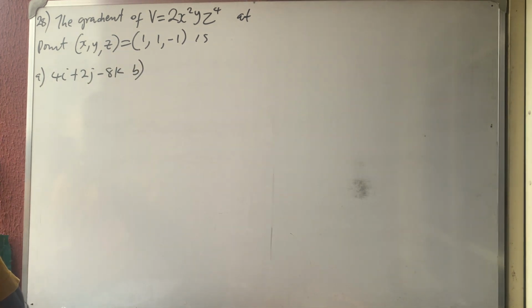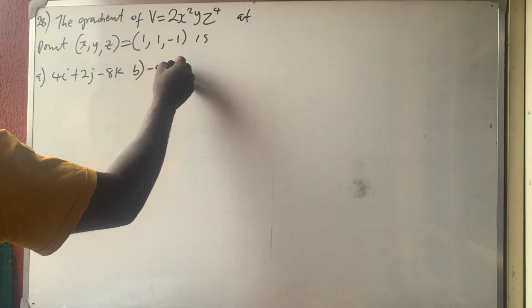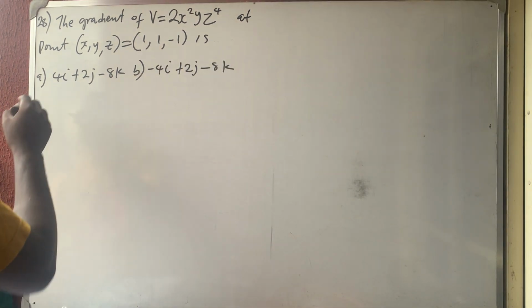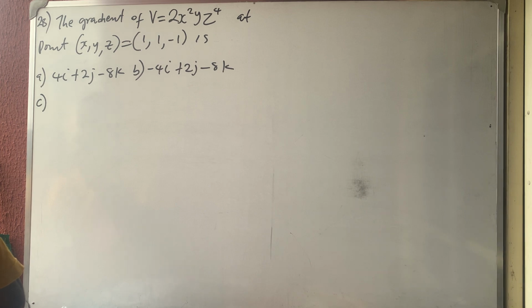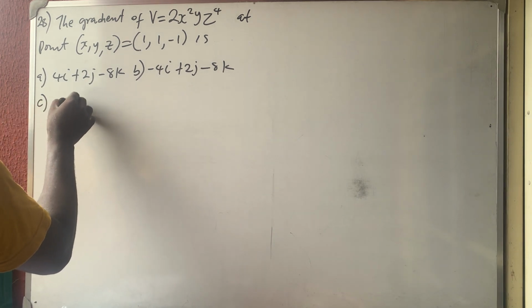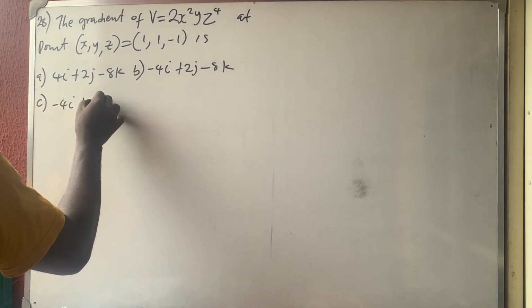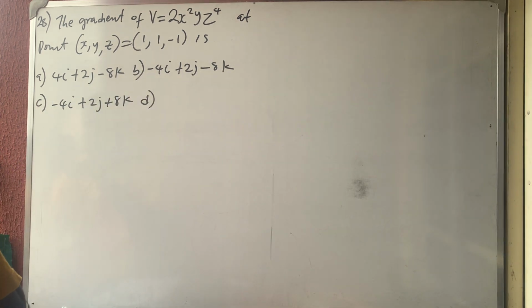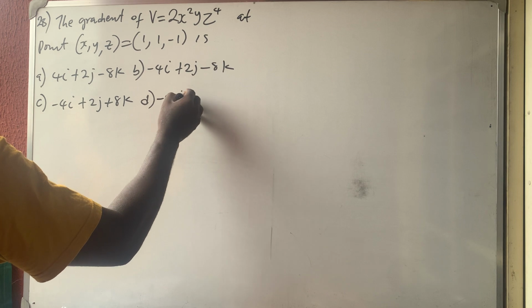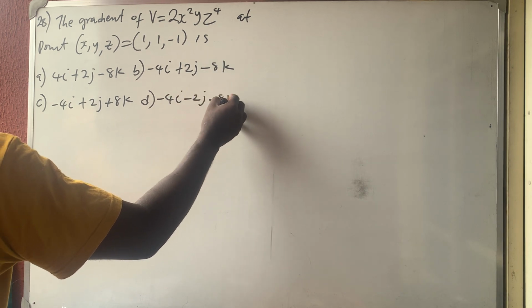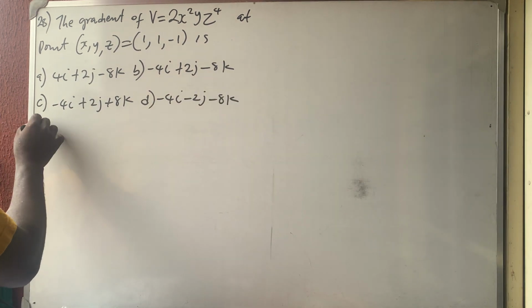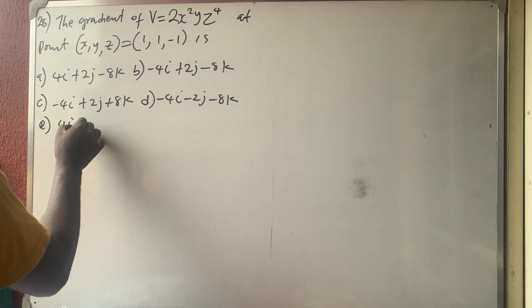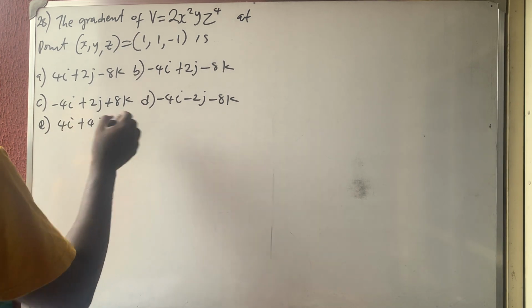Option B said minus 4i plus 2j minus 8k. Option C said minus 4i plus 2j plus 8k. Option D said minus 4i minus 2j minus 8k. Option E said 4i plus 4j plus k.